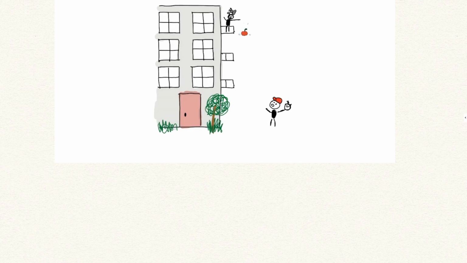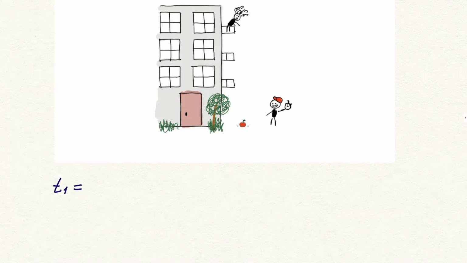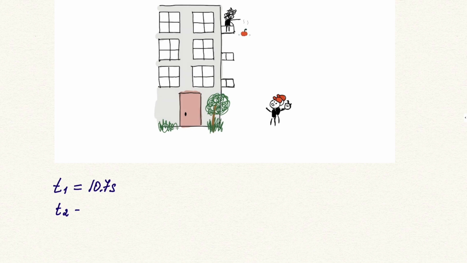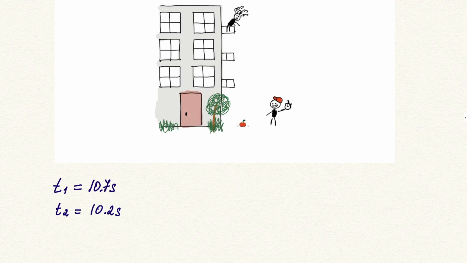So let's say you dropped it once, and he told you that the measurement was 10.7 seconds. And you said, you know what, let's do it again. So the second measurement turned out to be 10.2 seconds. And then you didn't like how he does it, so you decided to switch and do it 3 more times.